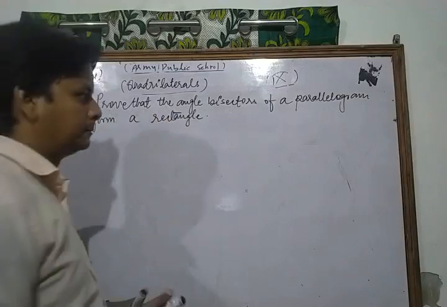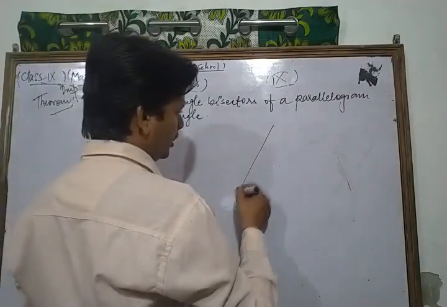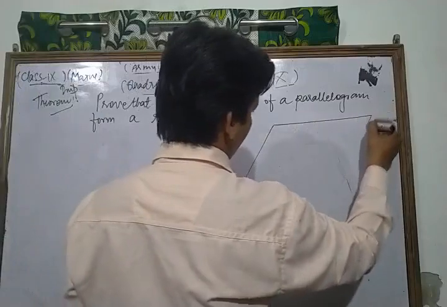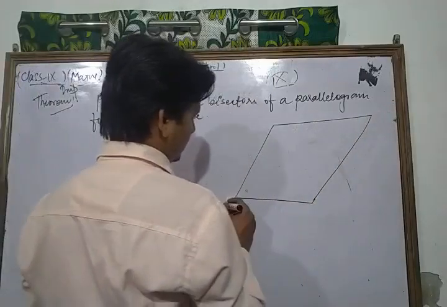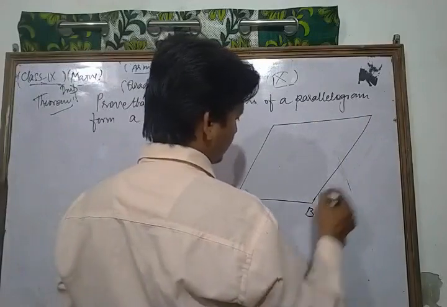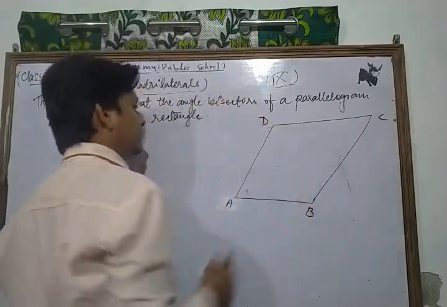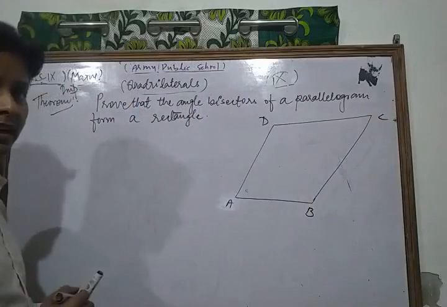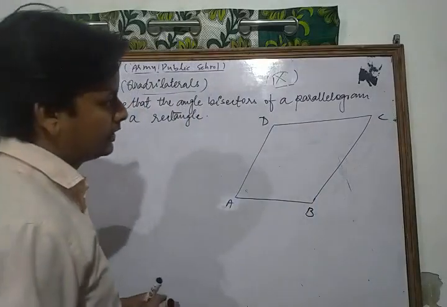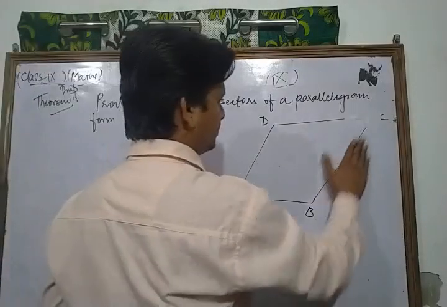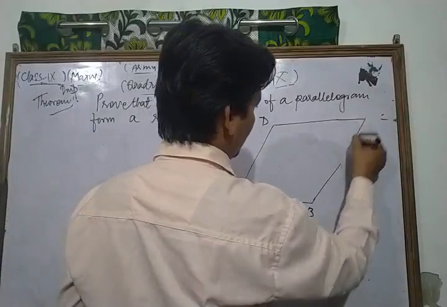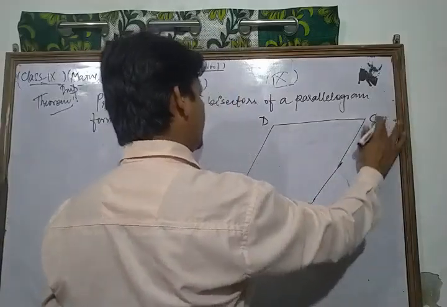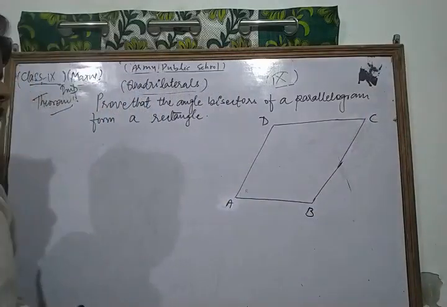So first of all, we draw a parallelogram ABCD. Now what do we have to show?